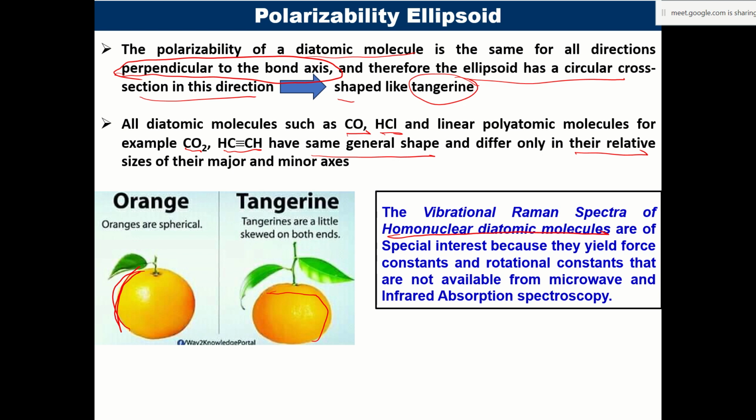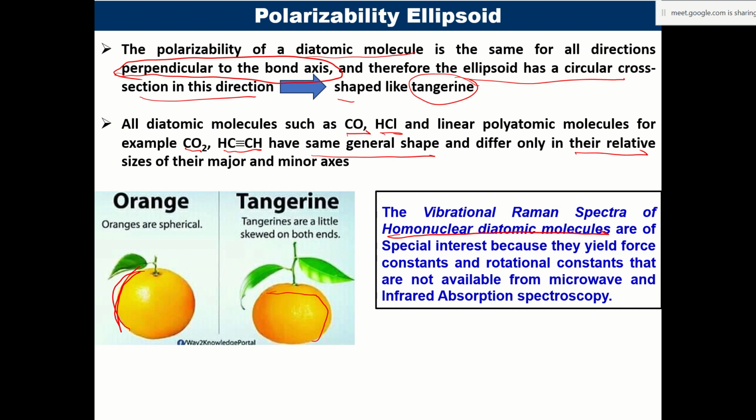So ये सारी दिक्कतें थी जब तक कि रमन स्पेक्ट्रोस्कोपी नहीं आया था. So that is the greatest advantage of Raman spectroscopy, that a large set of molecules which you were not able to understand, you were not able to understand their vibrational rotational motion, and so you could not calculate the bond length and other things.